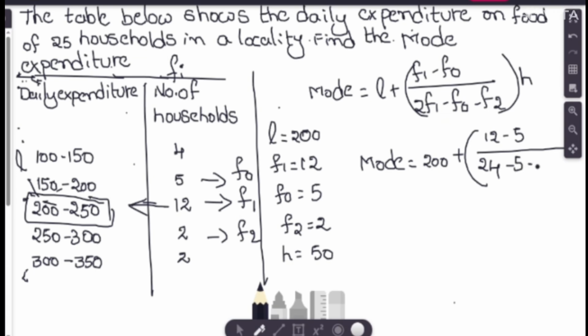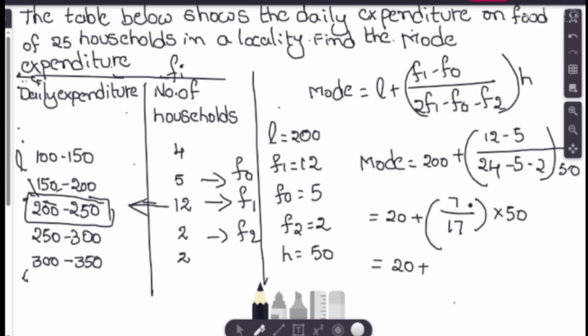F2 how much? 2. Into H how much? 50 I am writing here. Here 200 plus 12 minus 5 is 7. Here add these two, 5 and 2, minus 5, minus 2, minus 7. 24 minus 7 is 17. Into 50. So here 200 plus 7 into 50.